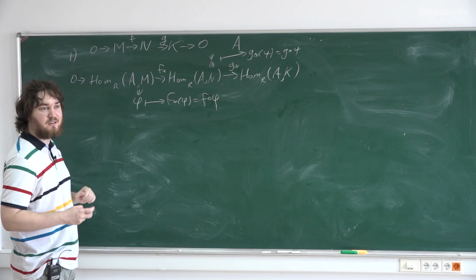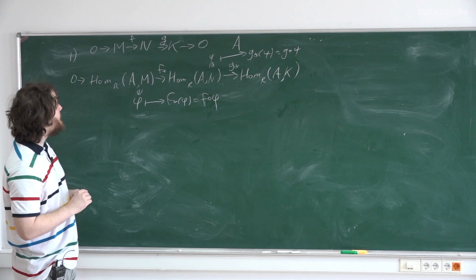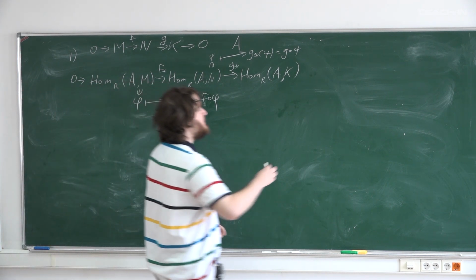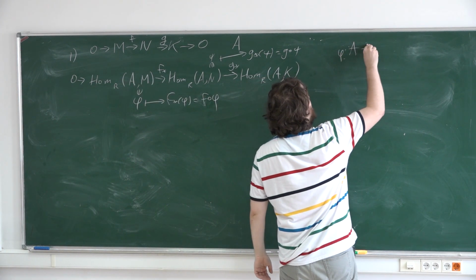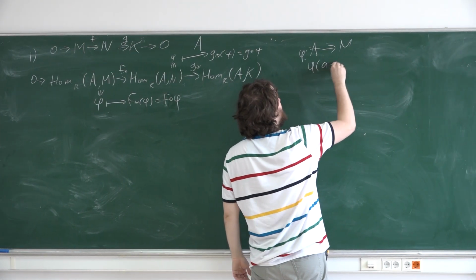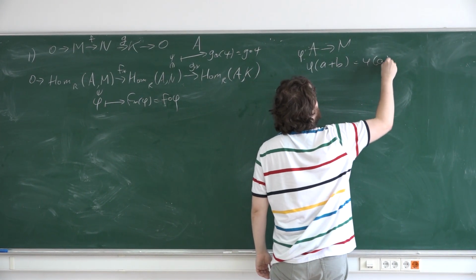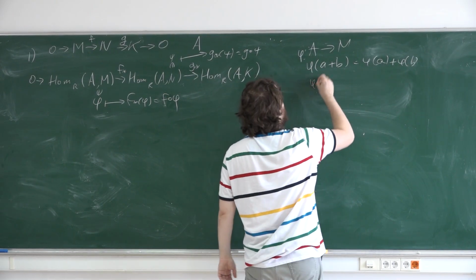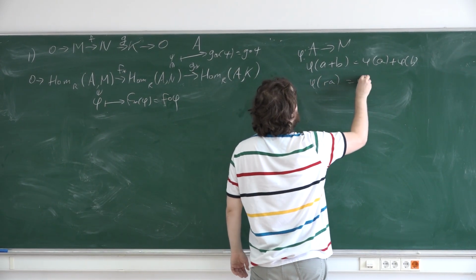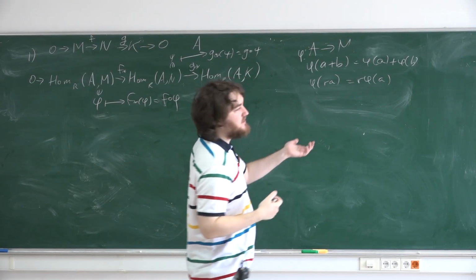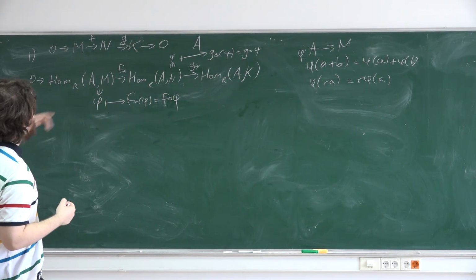I want to clarify this notation. What does homomorphism mean here? Homomorphisms are phi from A to M which respect addition and multiplication by elements of your scalar ring. It's just abelian groups.